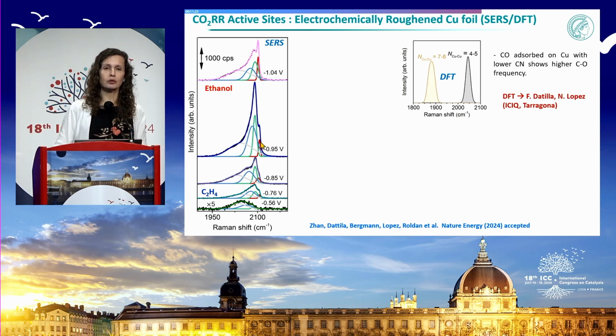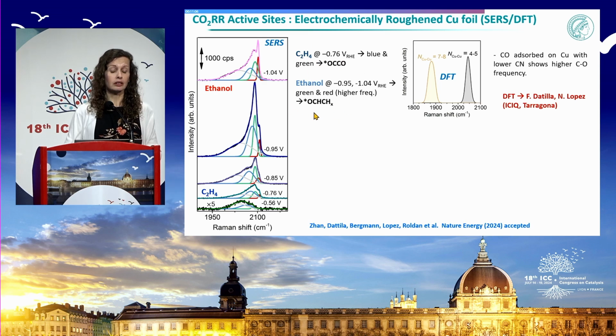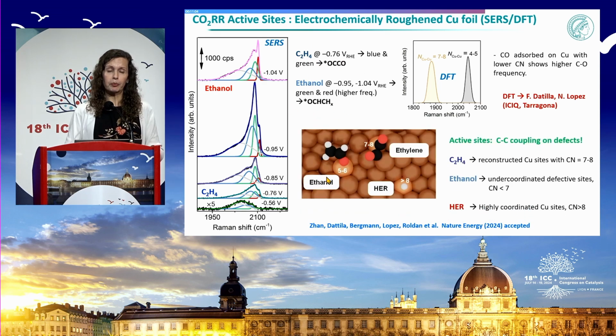And the Raman data also give you an indication that when you are making ethylene and when you are making ethanol, these adsorbates on the surface look different. So we have predominantly, when we are making ethylene, these adsorbates, and when we are making ethanol, we still see this. And our hypothesis, based on the theoretical models and all the observations that we have from spectroscopy and also microscopy, is that my surface is complex.